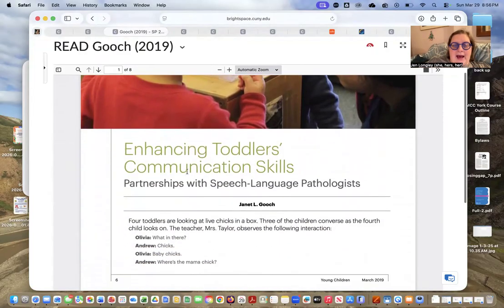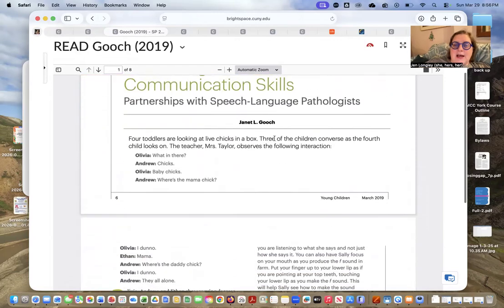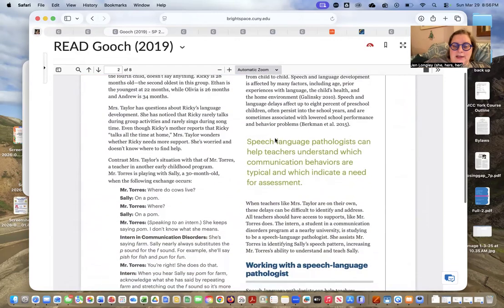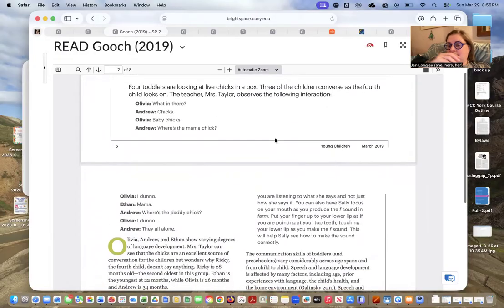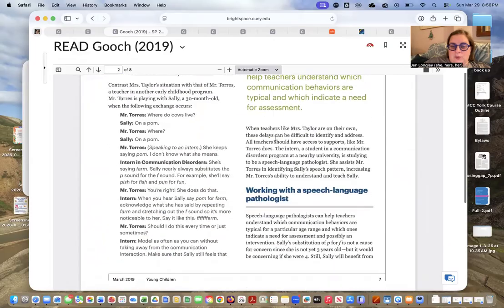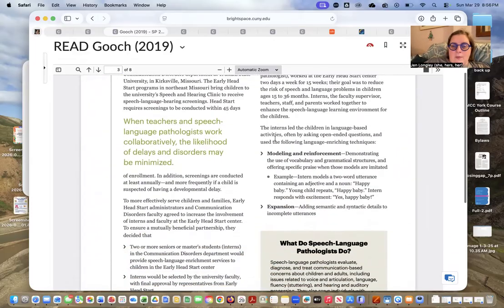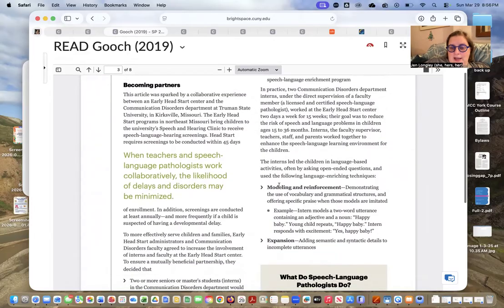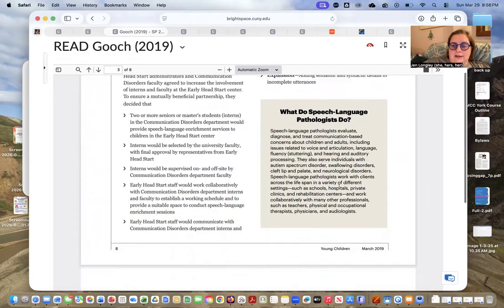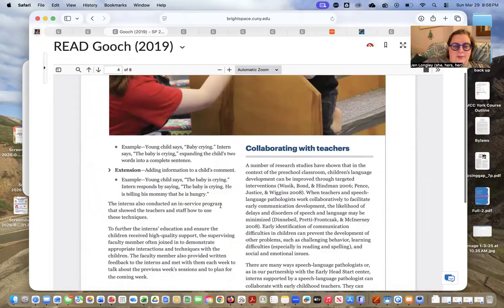And then we have communication skills for toddlers that are enhanced with the facilitation of speech language pathologists. So it talks about partnering. It talks about modeling and reinforcement. Okay. It talks about extension.